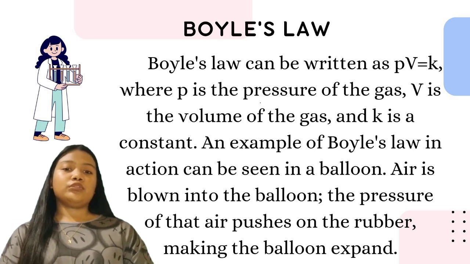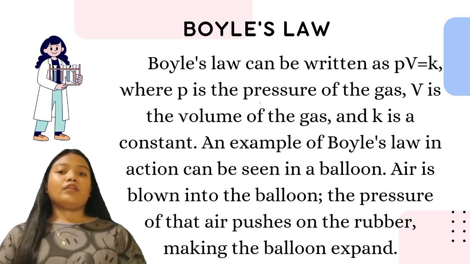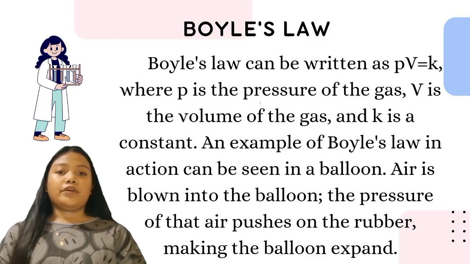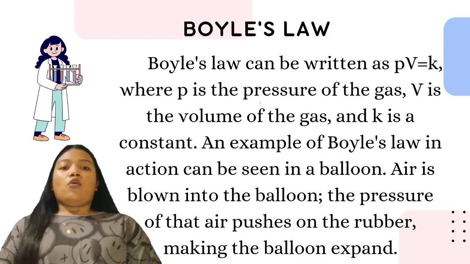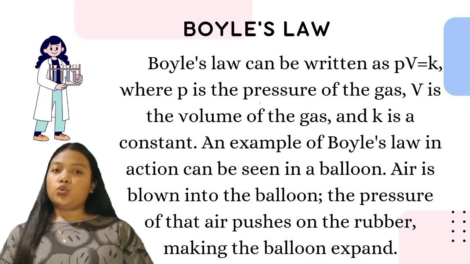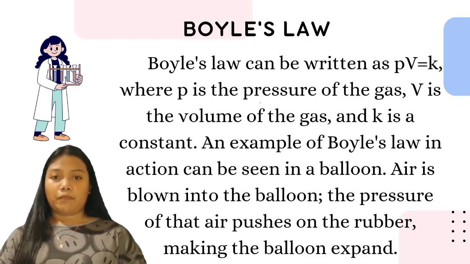Let's proceed to the second example. Example 2. Under a pressure of 0.988 atmosphere, helium fills a balloon to 1 liter. What would the pressure be if the volume of the balloon stretched to 2 liters? Do the same as we did in the first problem.